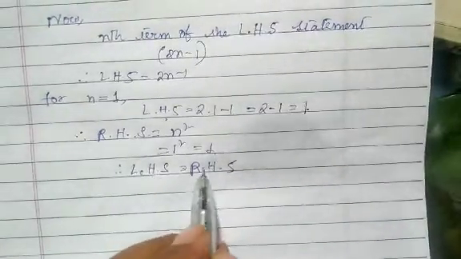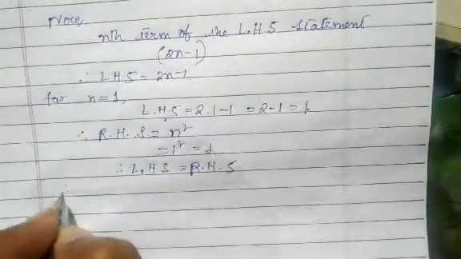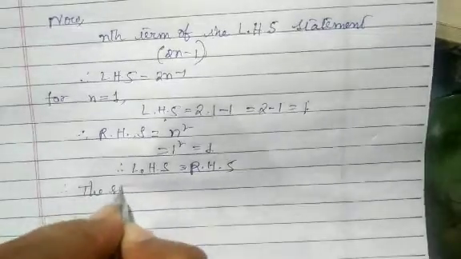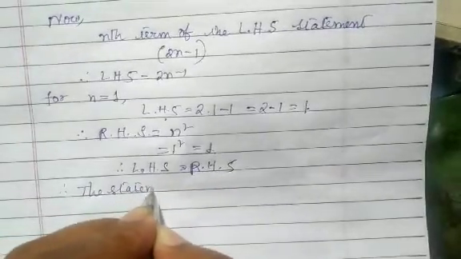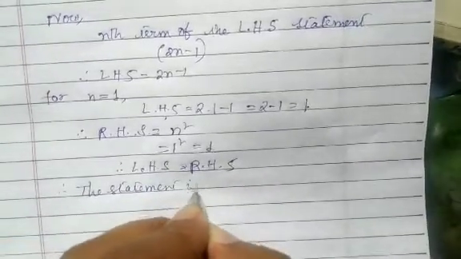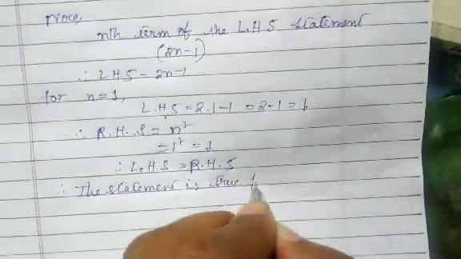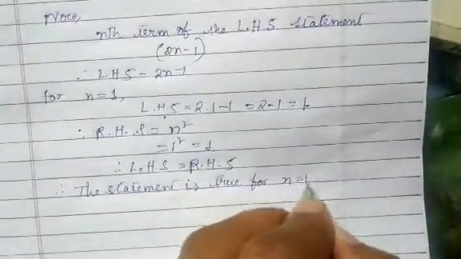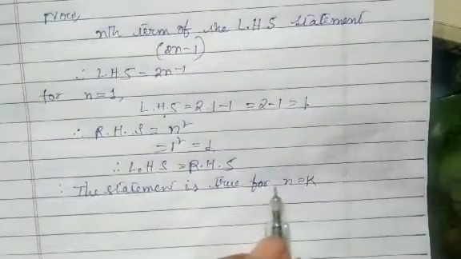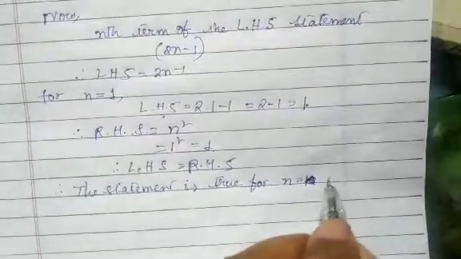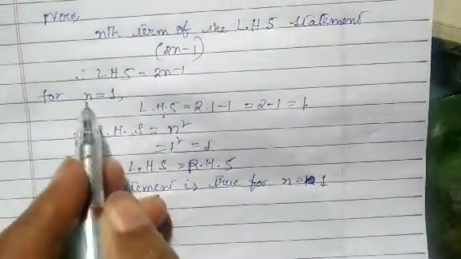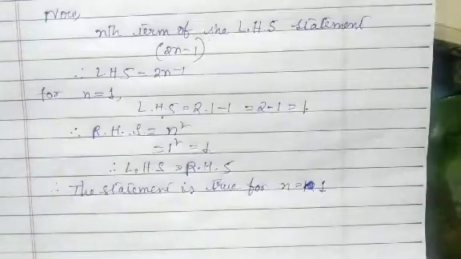We got 1 on the left hand side and 1 on the right hand side. Therefore we can say the statement is true for n equal to 1. Sorry, not k, for n equal to 1, because at first we have put n equal to 1.